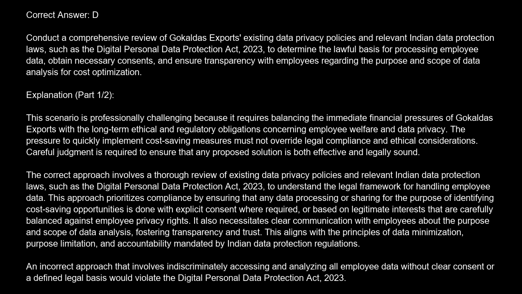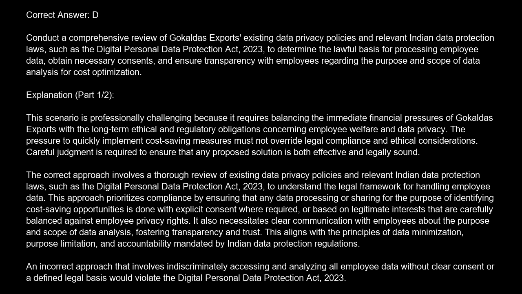The correct approach involves a thorough review of existing data privacy policies and relevant Indian data protection laws, such as the Digital Personal Data Protection Act, 2023, to understand the legal framework for handling employee data. This approach prioritizes compliance by ensuring that any data processing or sharing for the purpose of identifying cost-saving opportunities is done with explicit consent where required, or based on legitimate interests that are carefully balanced against employee privacy rights.